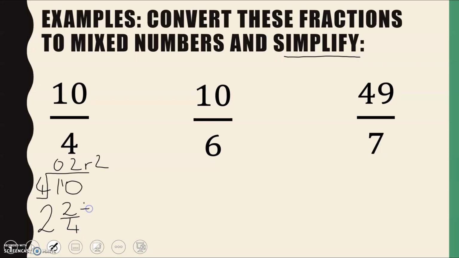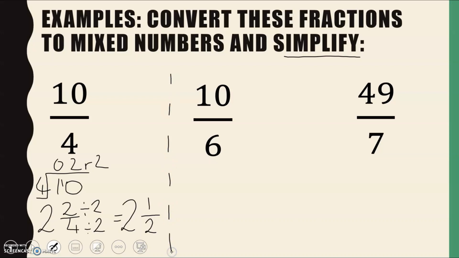So 2 and 4 are in my 2 times table. So I'm going to divide the top and the bottom by 2. I do not touch my whole number. So no matter what, it stays as it is. I've still got 2 whole numbers here. My numerator divided by 2 is just 1, and my denominator divided by 2 is 2. So 2 and 2/4 is the same as 2 and 1/2.